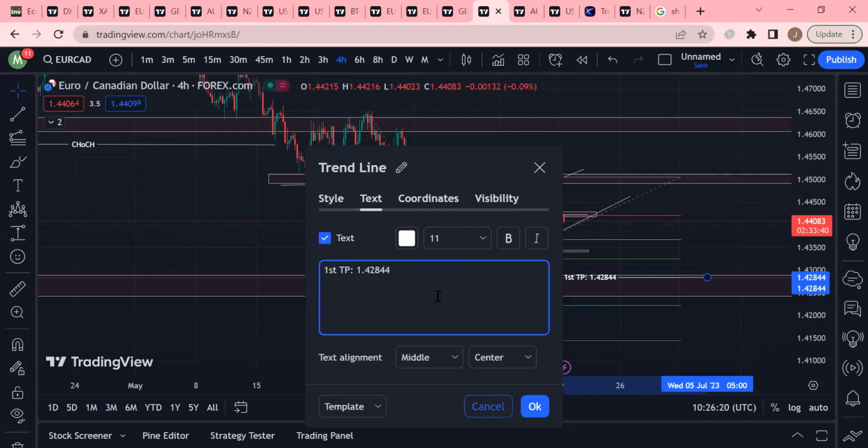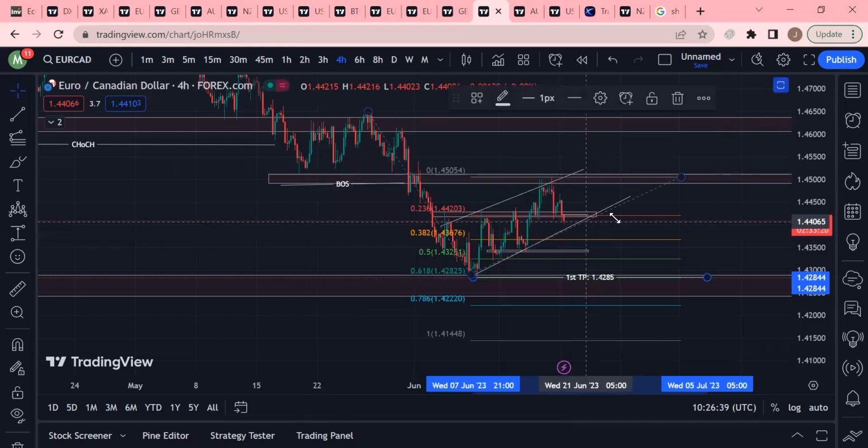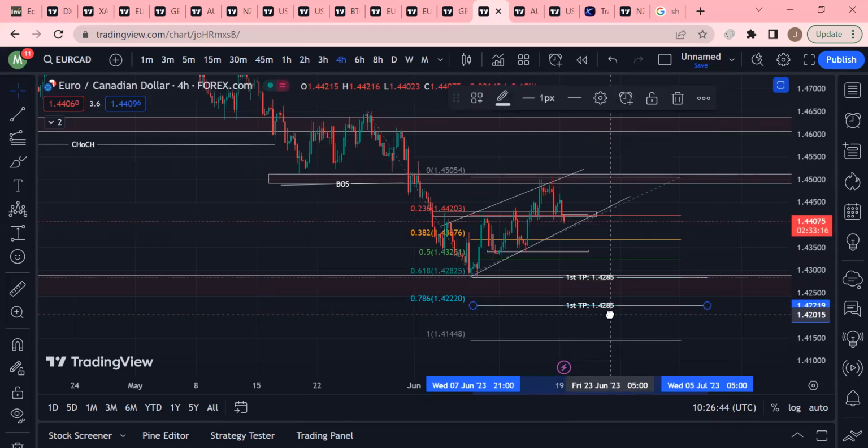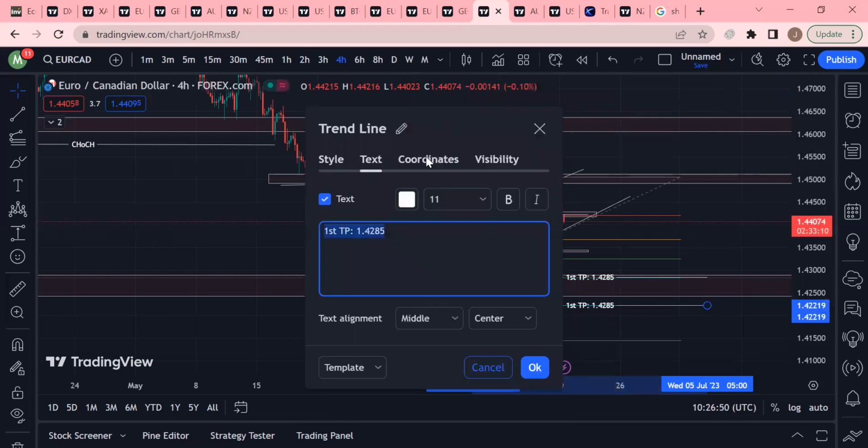So probably I'll just increase to a round figure, 1.4285. That's 1.42. Then the second TP will be 1.4220. Second TP.